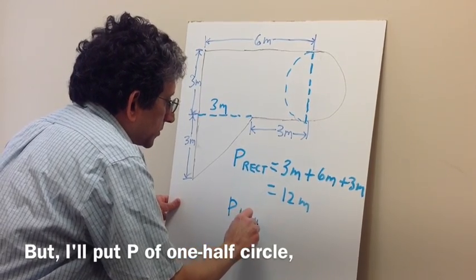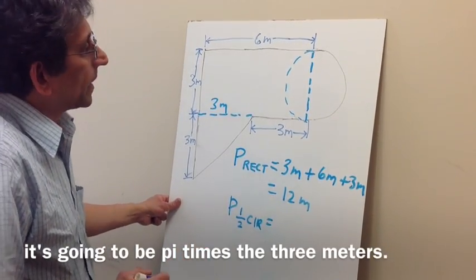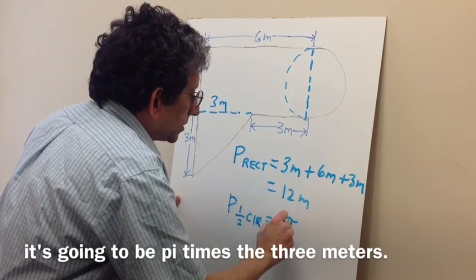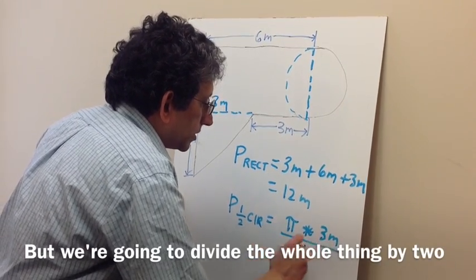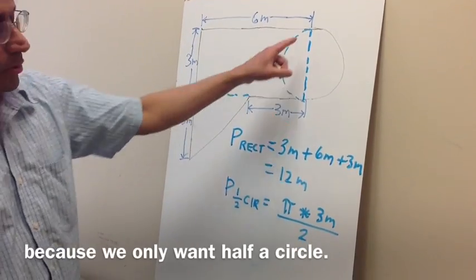I'll put P of 1/2 circle down here. It's going to be pi times the 3 meters. But remember, we're going to divide the whole thing by 2 because we only want the perimeter of half the circle.